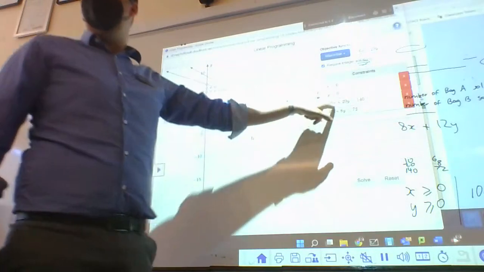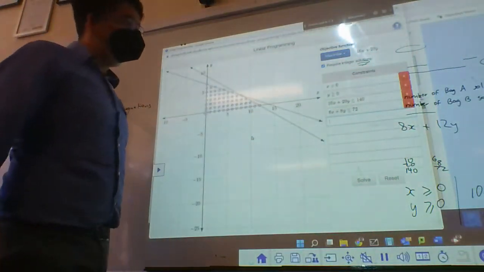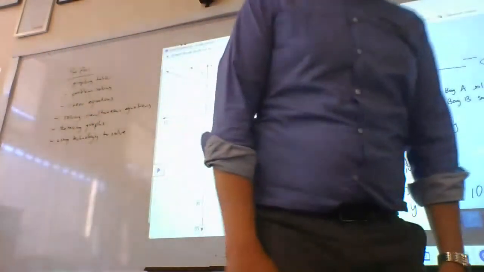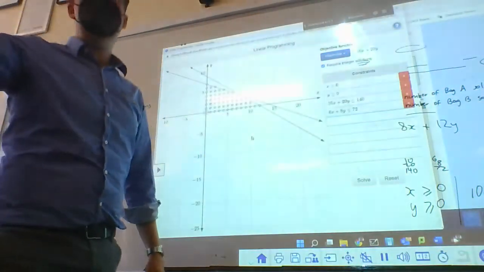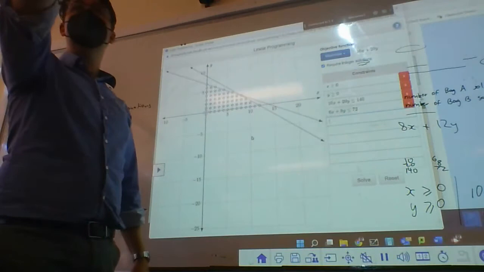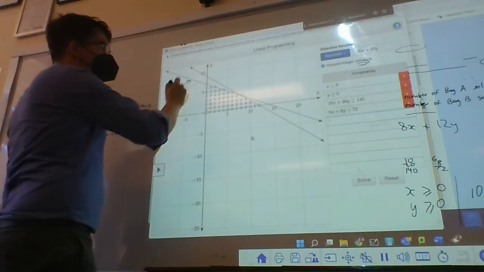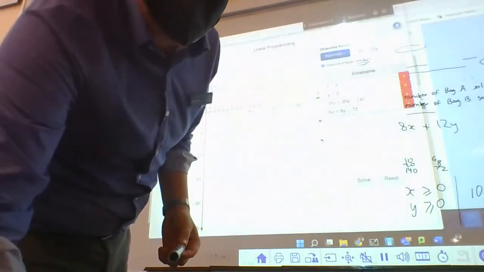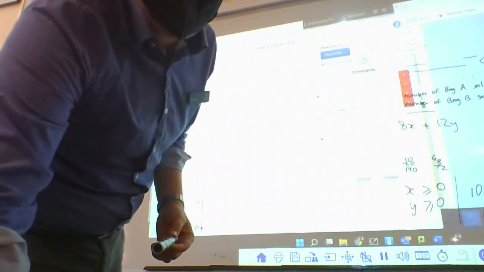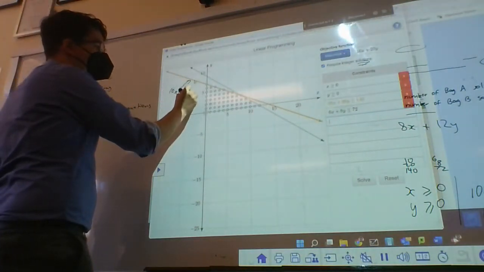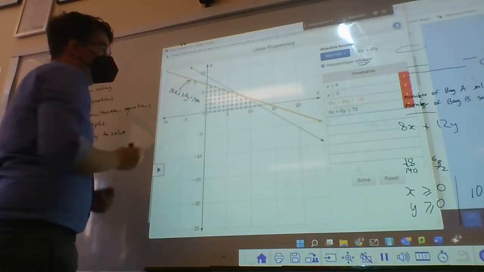Now, that line is actually just, where's my little whiteboard text gone? There it is. Was there a spare copy for Bella? There we go, Bella. That line there, when we hovered over it, what did it show us that it was? 10x plus 20y equals 140.